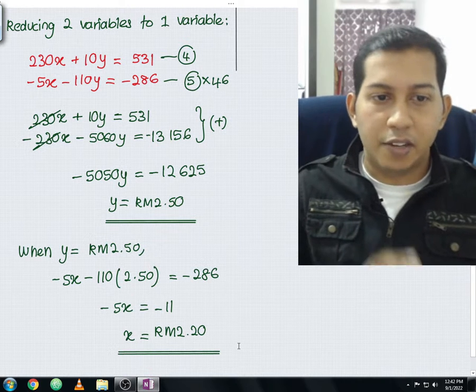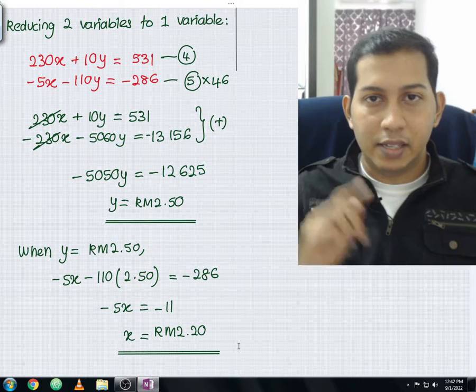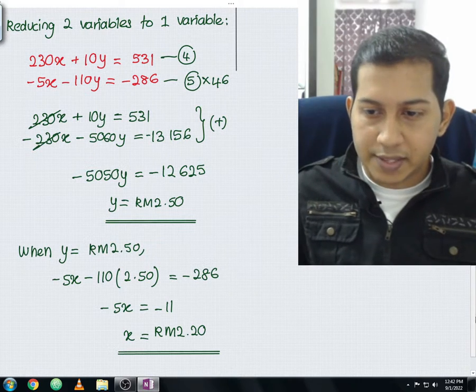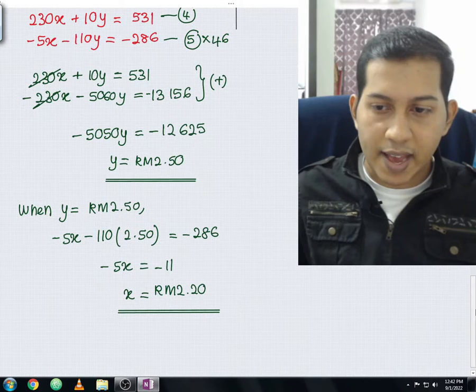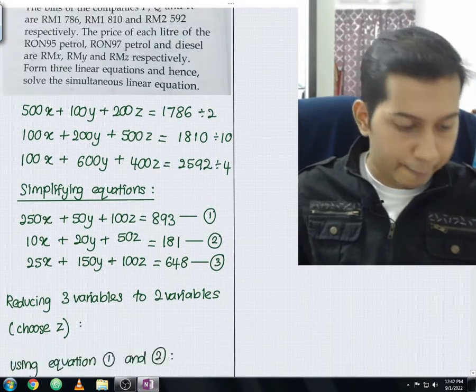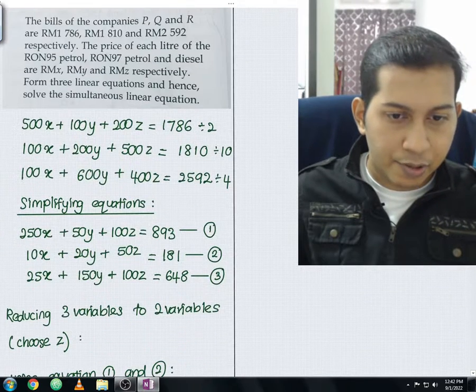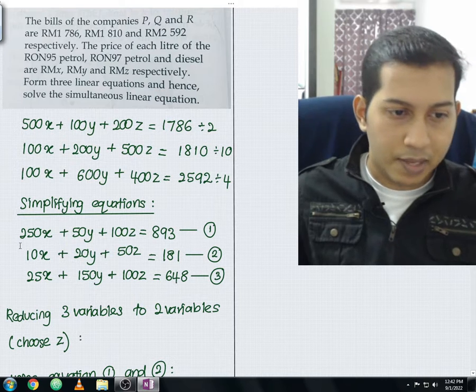Once we get the y value followed by the x value, our final step is finding the z value. To find the z value, you can use these two values, y and x, and substitute into any one of these three equations. In this case I'm choosing to substitute into equation number 2. Let me just copy paste this.